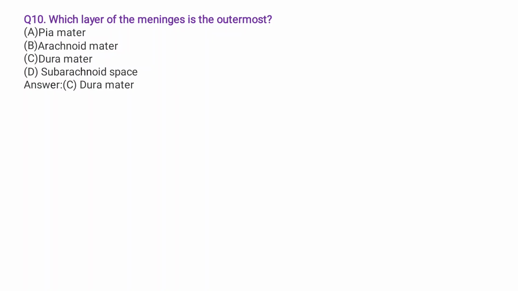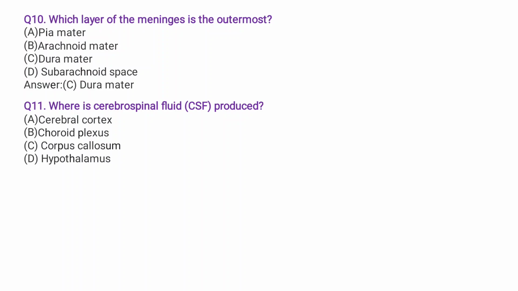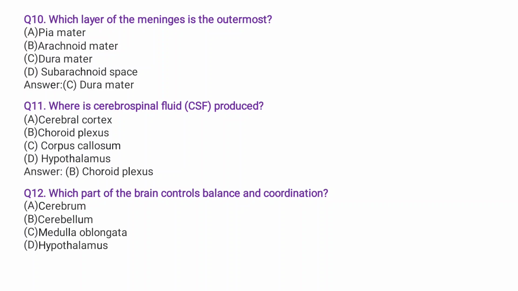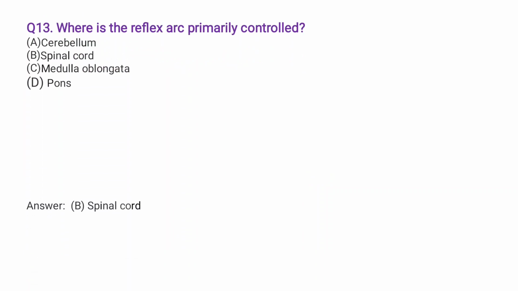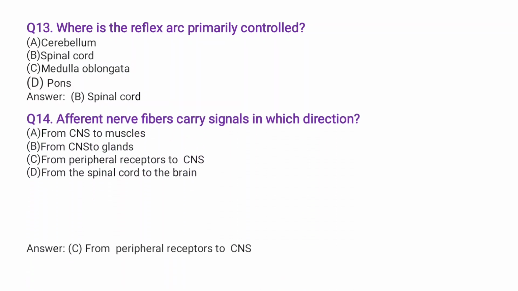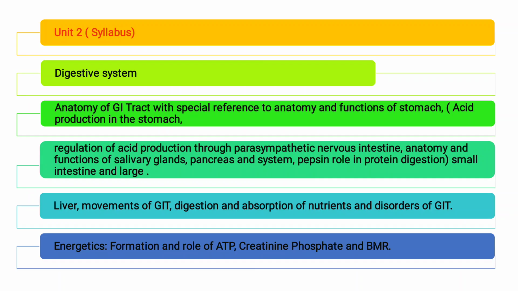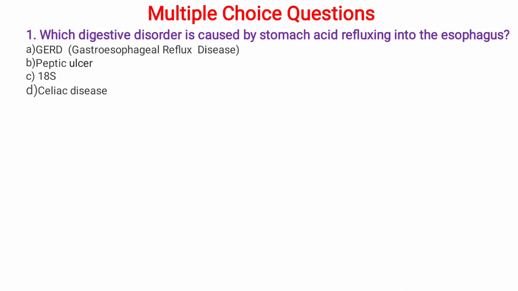Next, which layer of the meninges is the outermost? Next, which digestive system disorder is caused by stomach acid refluxing into the esophagus?